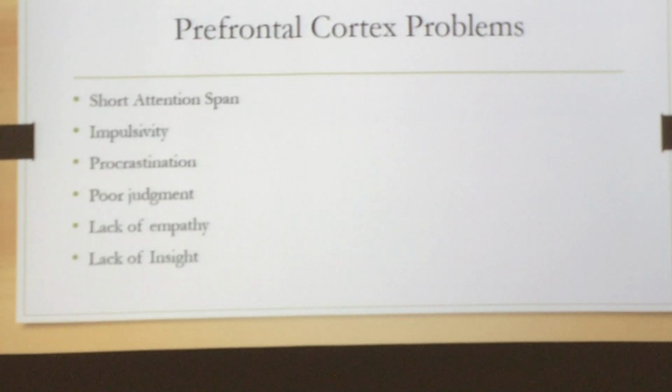If the prefrontal cortex is damaged, it can cause a short attention span. It can cause a person to be much more impulsive, also to procrastinate, to exhibit poor judgment, a lack of empathy, and a lack of insight.